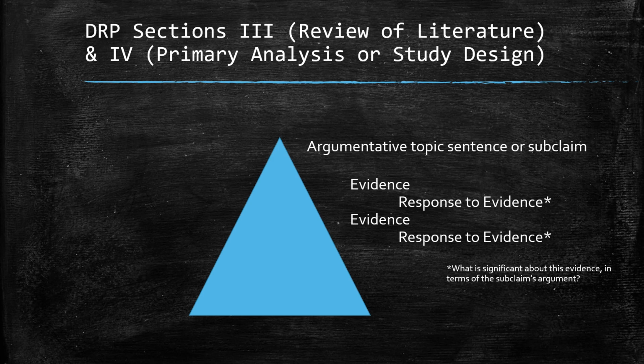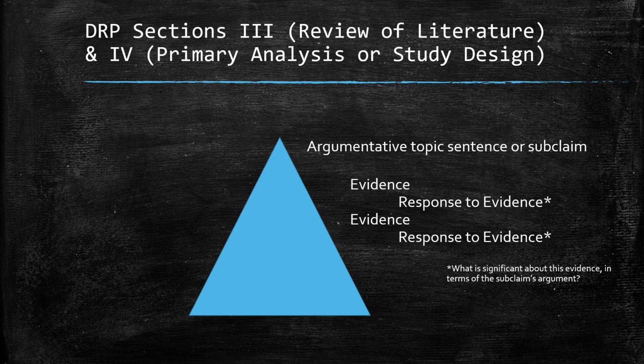Which gets me to the next piece. When you're writing your review of literature, this will be pretty easy to think about, I think, especially after you look at the tables video that we'll be talking about. So if your argumentative topic sentence is what all your sources are talking about in that paragraph or that section of your review of literature, the evidence is what the sources are saying about that topic, right?